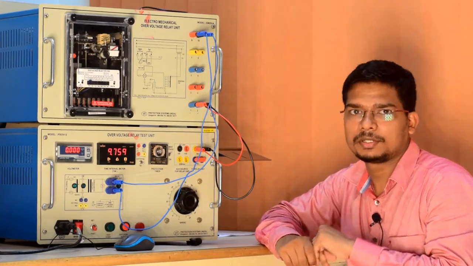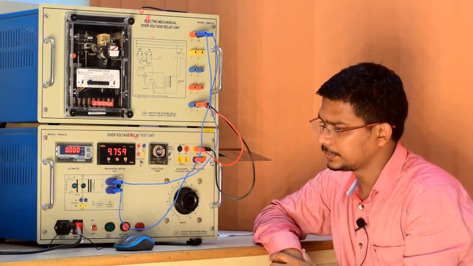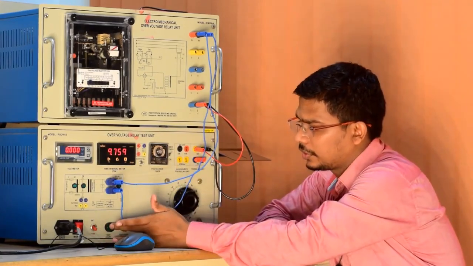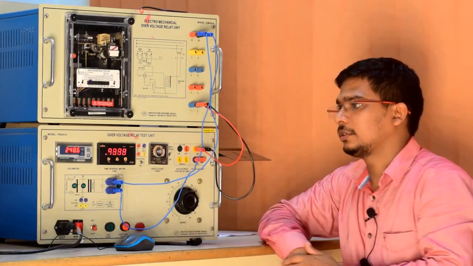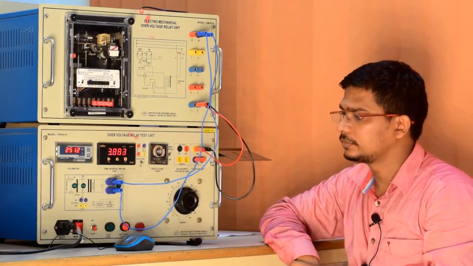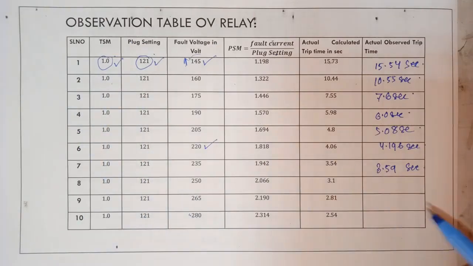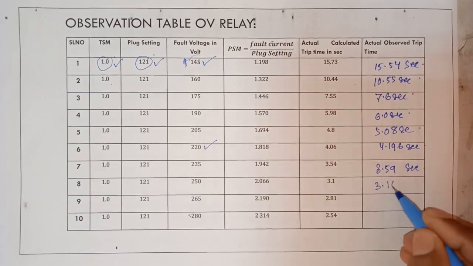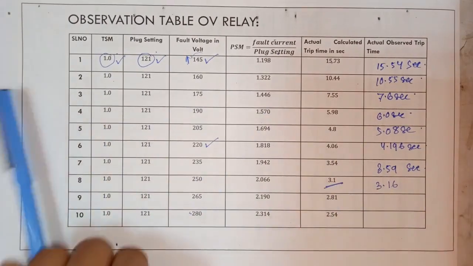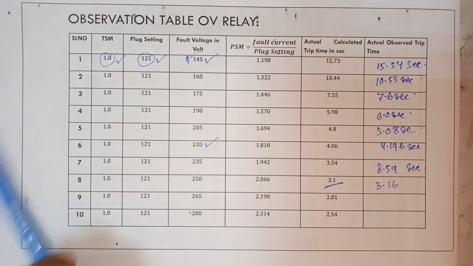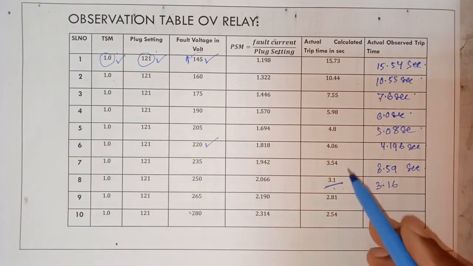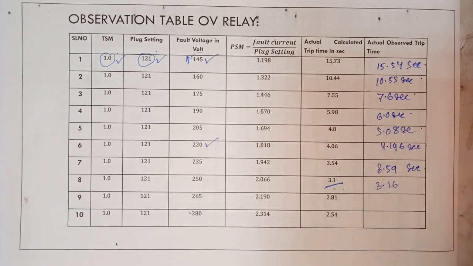Okay, now it's in standstill position. So we just apply the voltage. 3.16 seconds. Here 3.1 seconds. So these two are matching. That means we are going the right way.